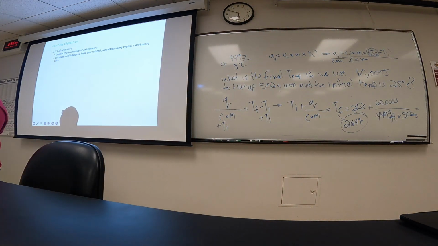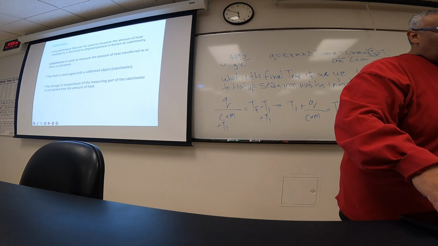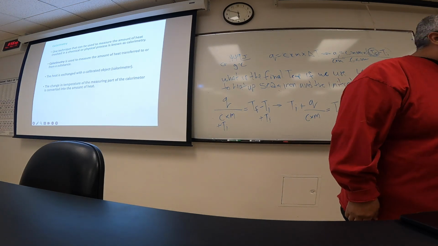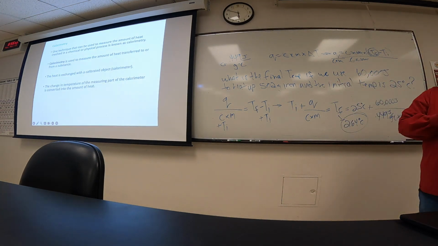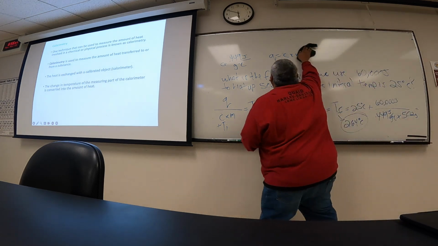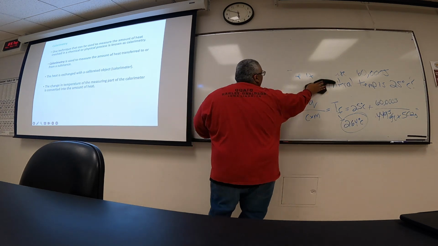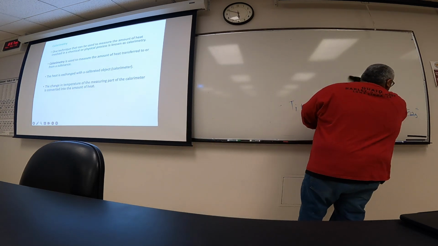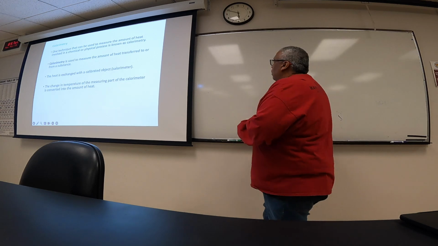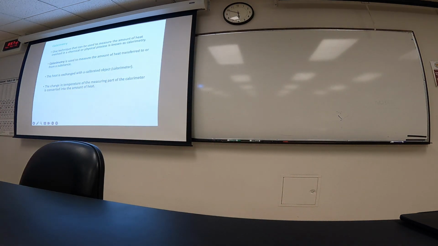So calorimetry: explain the technique of calorimetry, and we're going to calculate some properties using calorimetry. Calorimetry is used to measure the amount of heat transferred to or from some other substance.